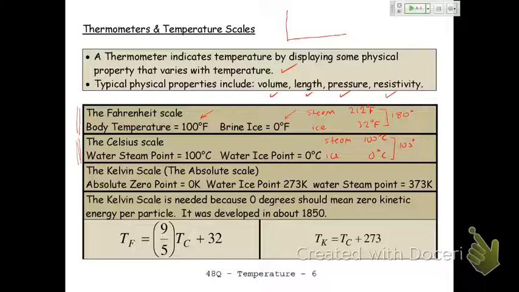So if I take the melting point and I take the boiling point and I say, okay, for my trapped volume of gas, what pressure do I have? And I make that 0 and I plot my line down. That is absolute 0. Because there's no pressure. So there's no kinetic energy per particle.